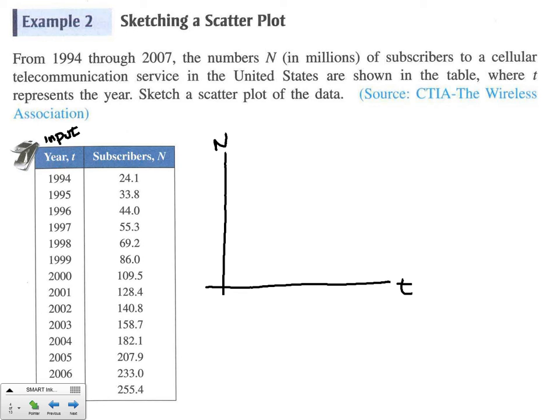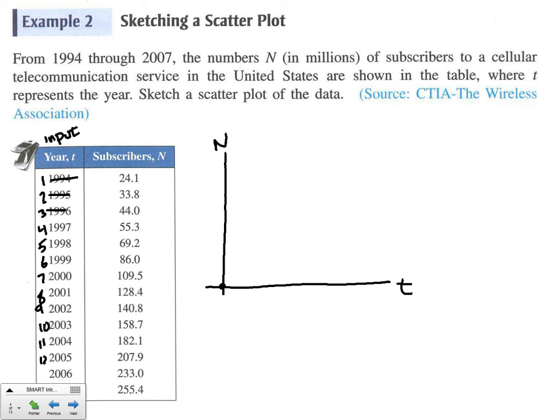All right, now let's think about how we want to count our years. All right, so we can call them out as 94, 95, 96, 97, that sort of thing. Probably doesn't make sense to jump, because we know the origin here is 0, to jump from 0 to 1994. So instead, we should call these year 1, year 2, year 3, etc. So if we did that, 4, 5, 6, 7, 8, 9, 10, 11, 12.